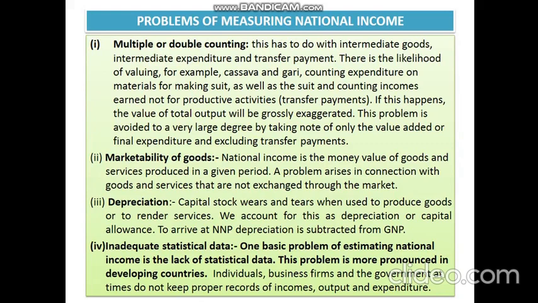If this happens, the value of total output will be grossly exaggerated. This problem is avoided to a very large degree by taking note of only the value added or final expenditure and excluding transfer payments.